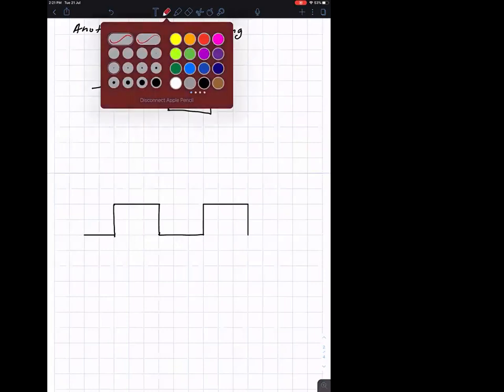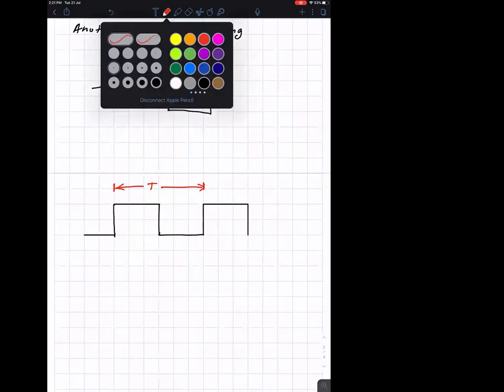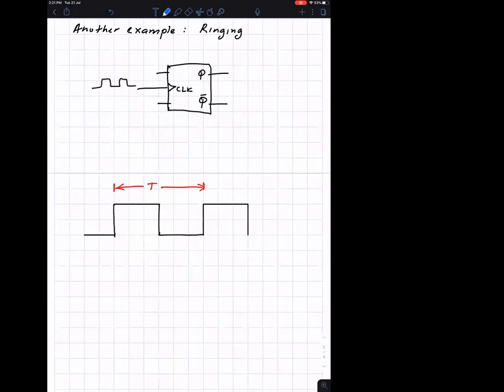So let's say the clock has a period from here to here. Clock period. So usually the clock triggers every period. Say, for example, in this case, you are triggering on the rising edge. Clocking on rising edge.